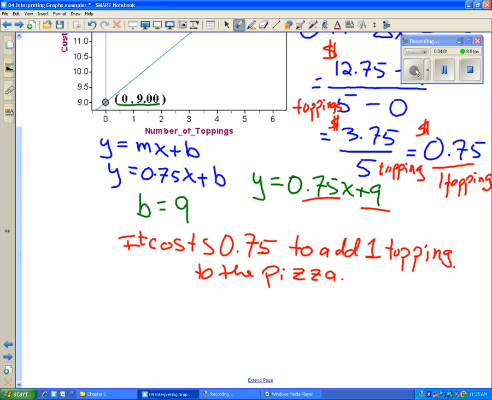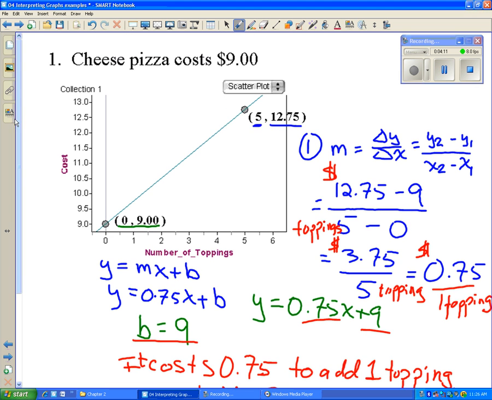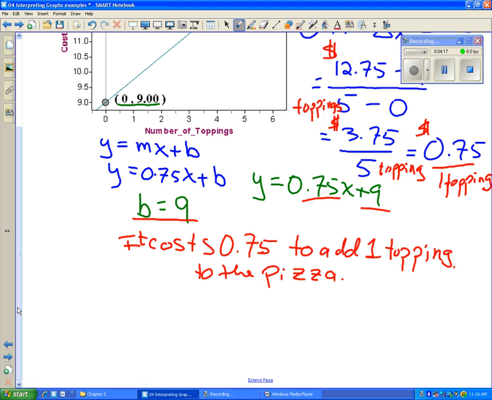Okay. Well, what is my b? My y-intercept we said was 9. Well, what does that mean? That means, well, it's stated up at the top. A cheese pizza costs $9. A pizza with 0 toppings is $9.